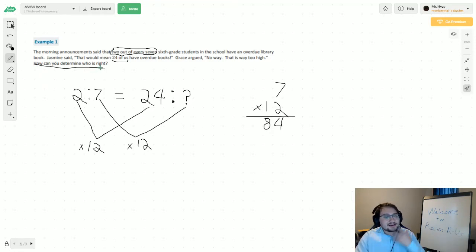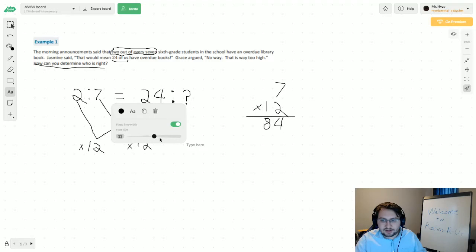It depends on how many students are in the 6th grade. If there are 84 students in the 6th grade, I'll even type this out so that we can look at it and have it written down for us.